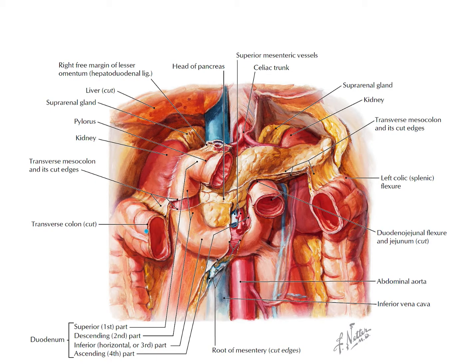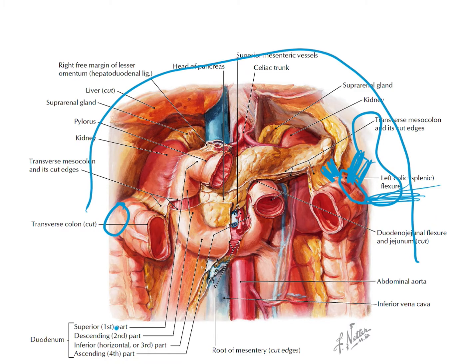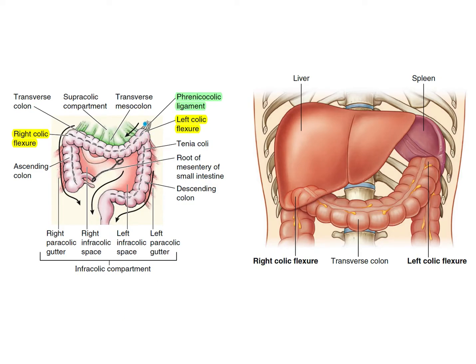Again, this is the right colic flexure and the left colic flexure, connected posteriorly to the spleen and to the diaphragm located here. And look at this, the phrenicocolic ligament.